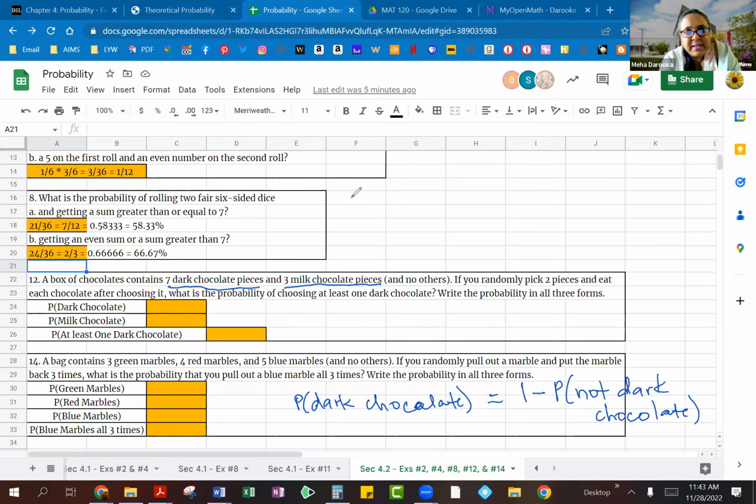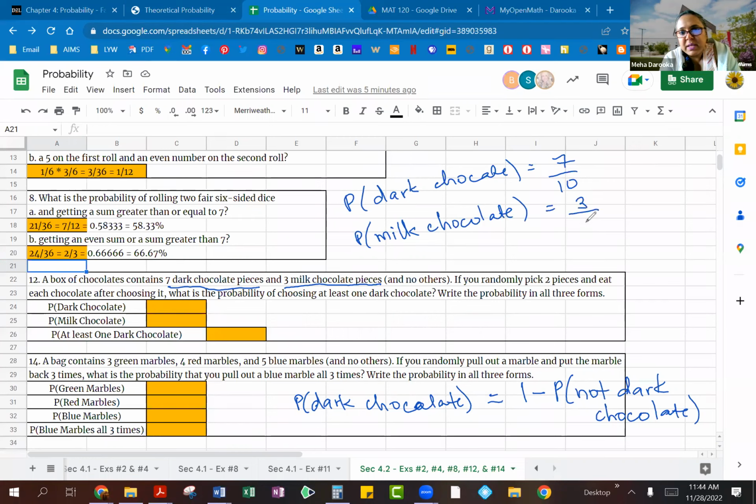So your probability that you are going to end up with dark chocolate is going to be 7 out of 10, because our total pieces are 10 in this case. And then the probability that we get milk chocolate obviously will be 3 out of 10.